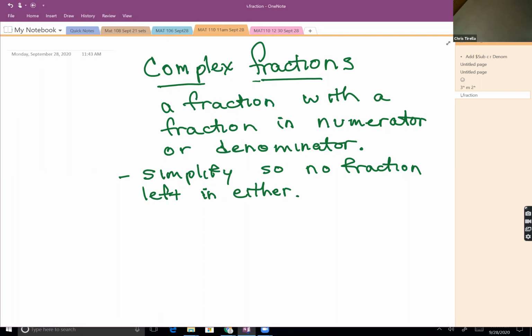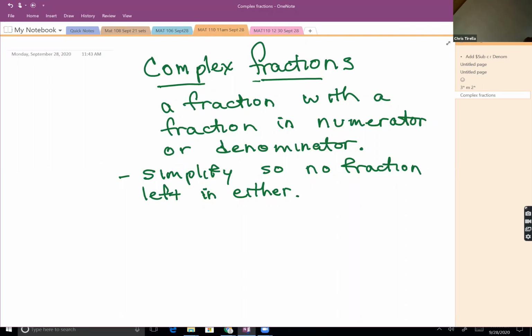If you really, really want to, you could simplify the numerator, simplify the denominator, and then treat the problem as a division problem, numerator divided by denominator. In my mind, that's more work than I want to do.